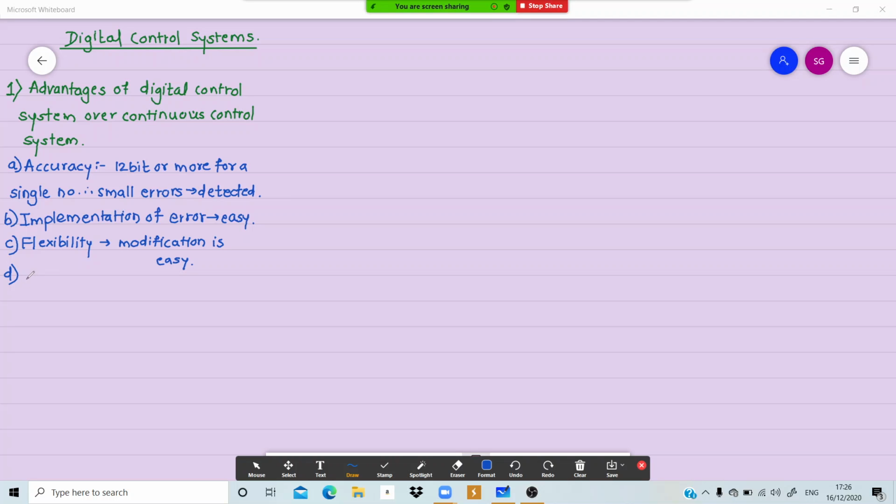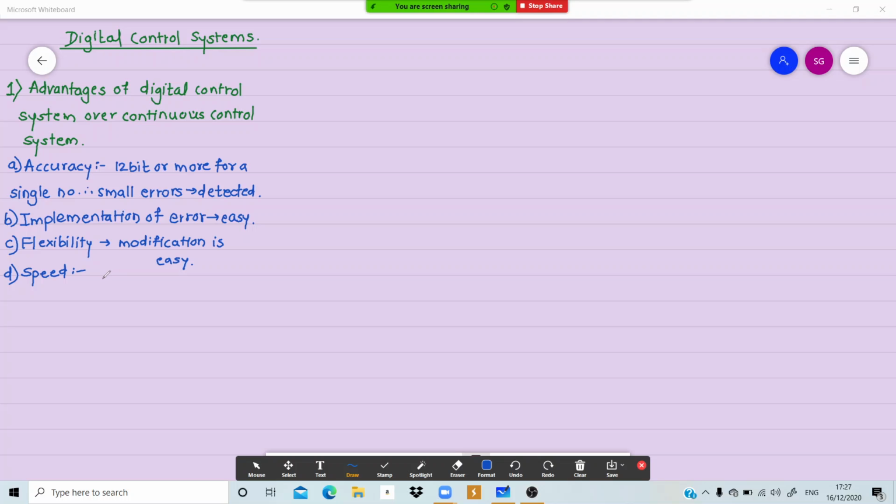Then the next thing is speed of response. The processing speed increases because of digital systems, and even if the signals are of high frequency, they can be sensed very easily, because the speed is more, and it will be possible for the system to act on that, right?